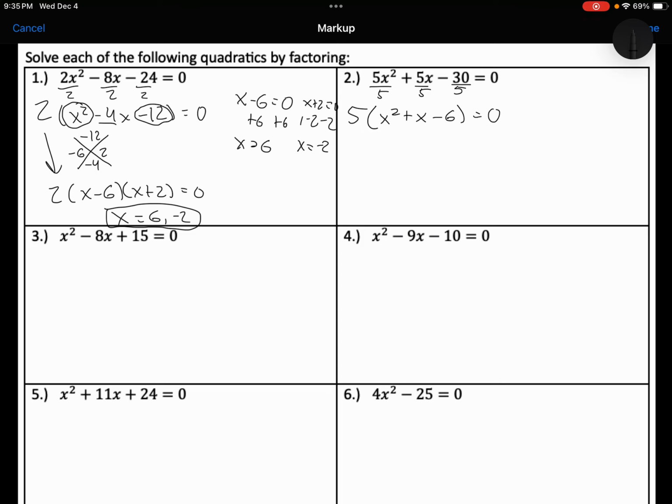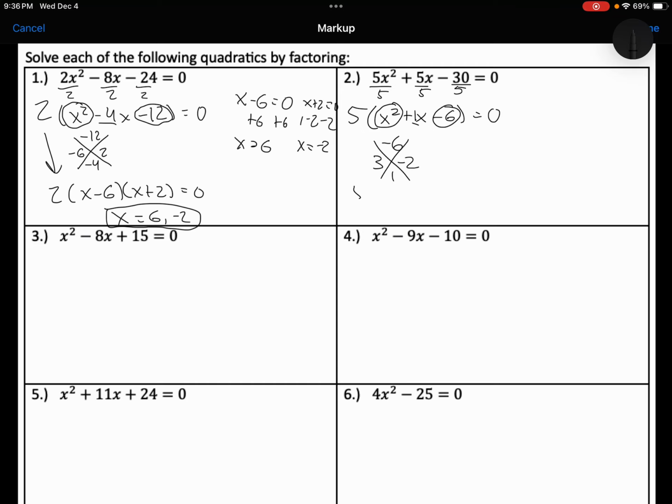Again, I'm going to factor, and I have just x squared left in the parentheses after I take out the greatest common factor. So I can factor using the x method, where negative 6 would go on top, and this would be a plus 1x, so a positive 1 will go on the bottom. The numbers that multiply to negative 6 and add to positive 1 are 3 and negative 2.